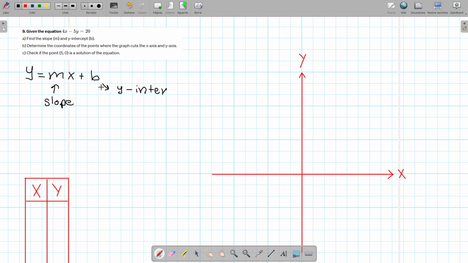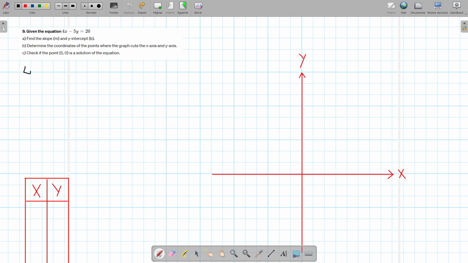So in order to find this, we have to solve for y here. What we are going to do is copy the equation, the linear function. We have to erase this in order to have a space.